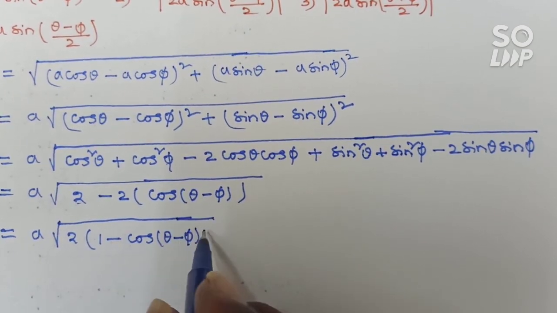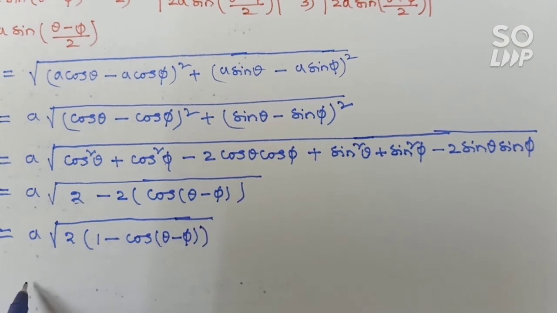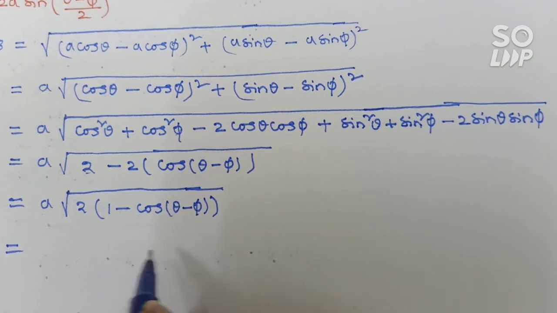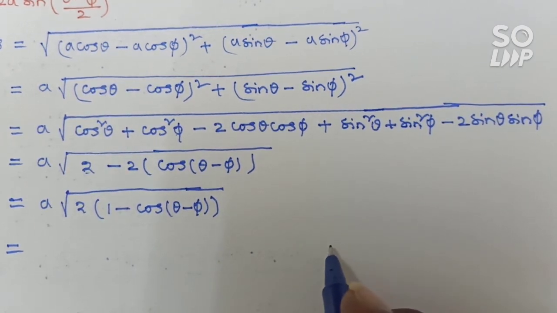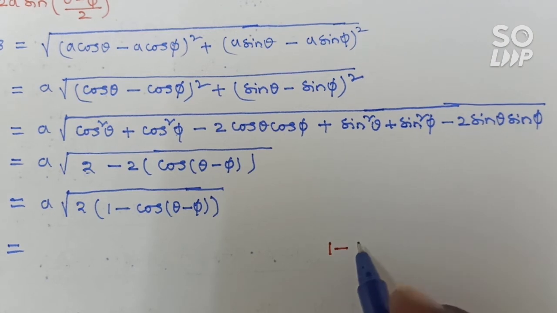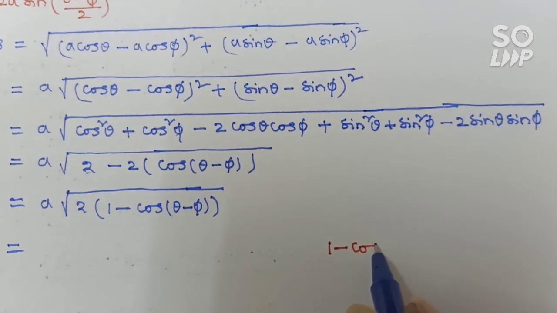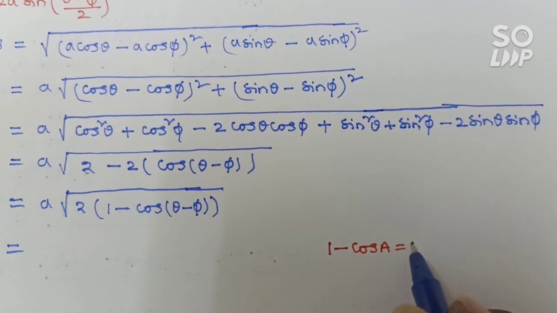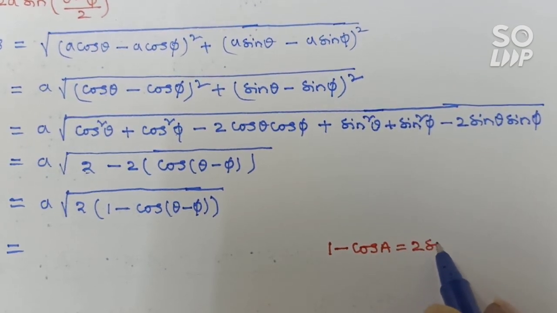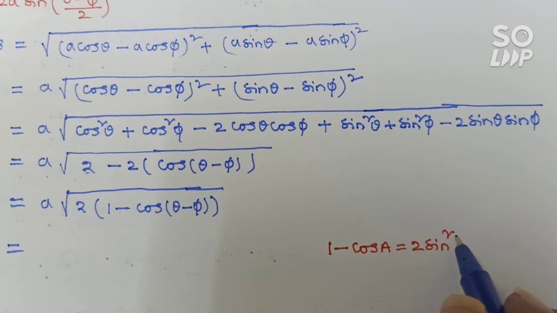So you know that in trigonometry one formula is there, and I am writing this formula here. We know that 1 minus cos A is equal to 2 into sin square of A by 2.